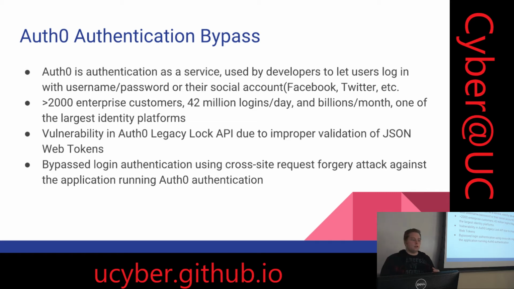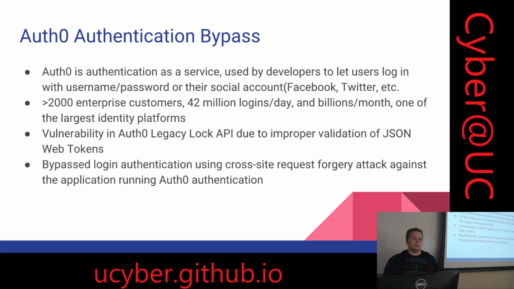They are used by over 2,000 companies, and they handle 42 million logins a day, over 1 billion logins a month. So they get a lot of traffic, and any vulnerabilities through them can be pretty bad. This vulnerability specifically is in their legacy Lock API.